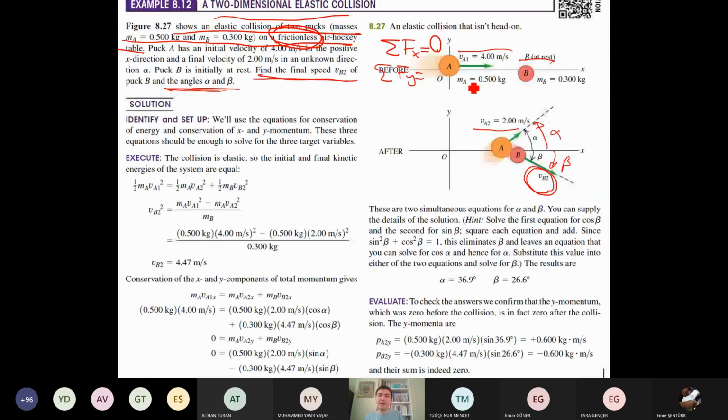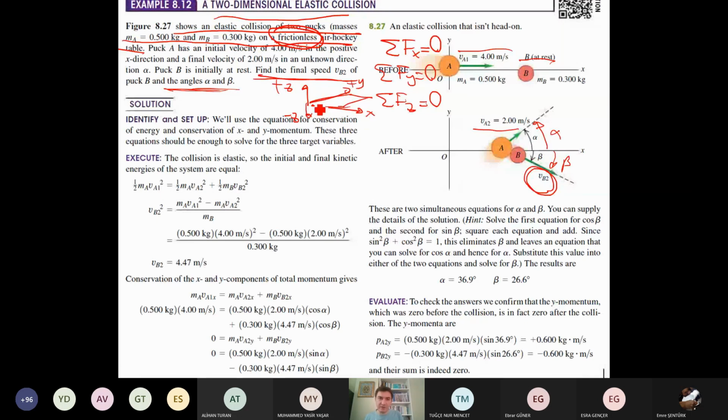And along the z-axis, there is a normal force and weight. So just consider it like this. Let's consider this is positive z, this is negative z, and this is positive x, and this is positive y, let's say, okay? And now we are looking from the top.